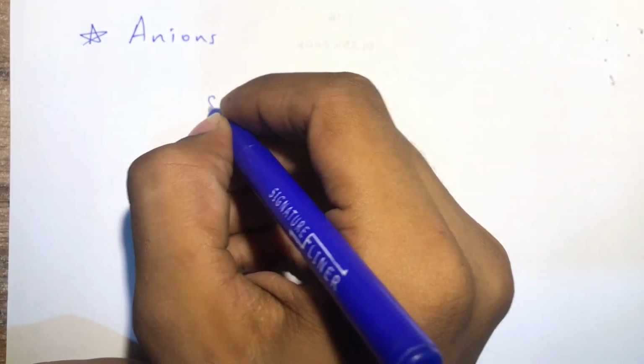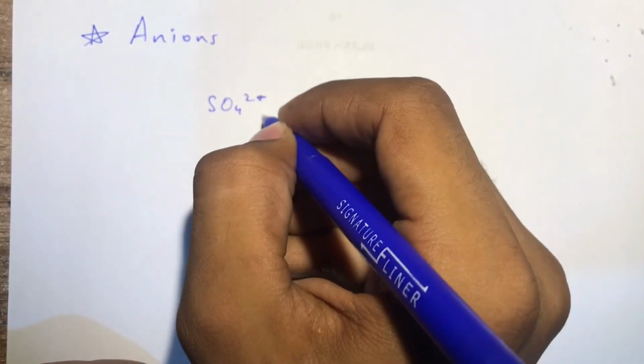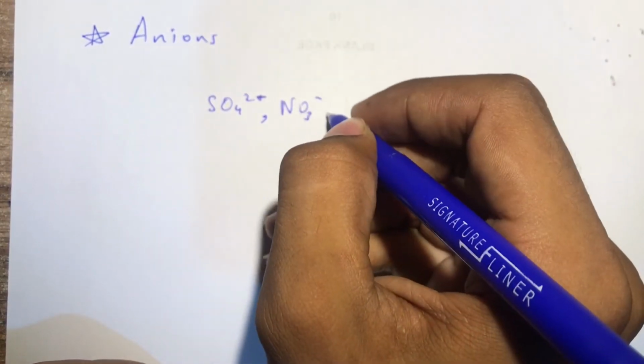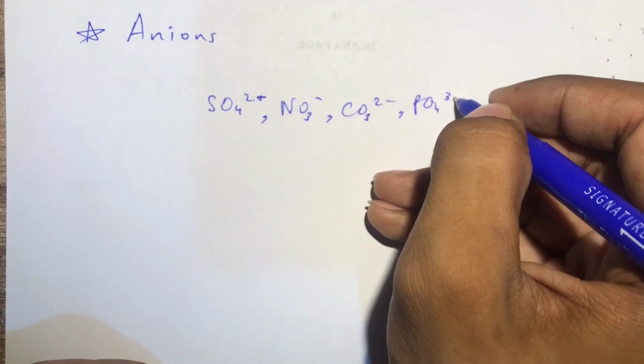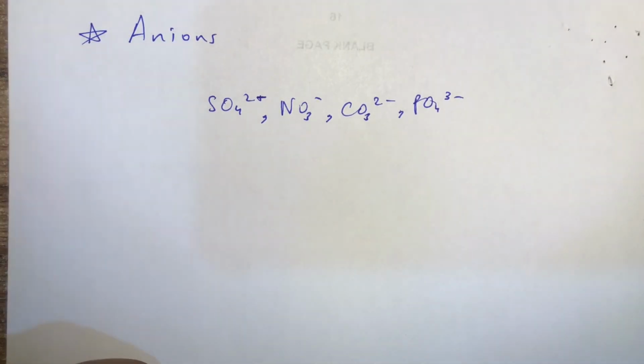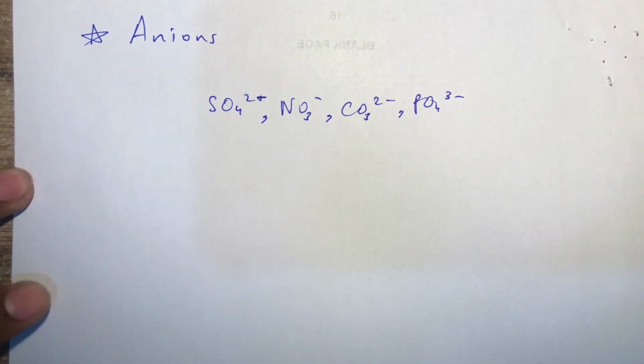So from O levels you'll remember that oxo ions, that is sulfate, nitrate, carbonate and phosphate, do not oxidize or do not discharge at the anode, right?